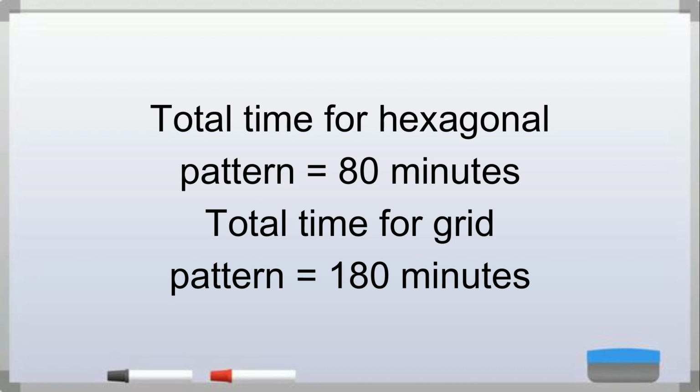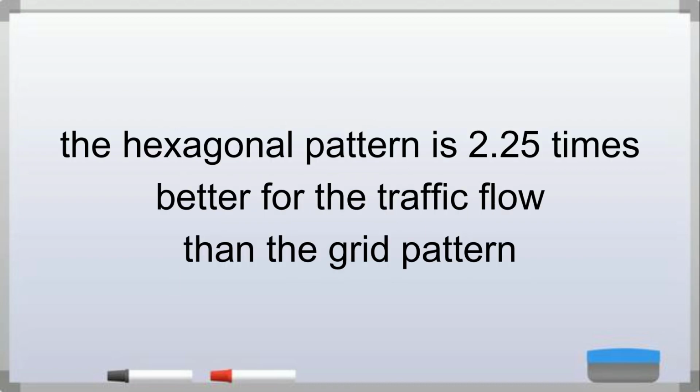Now we divide M times the maximum number in the table by the intersection capacity and add 2 minutes for each kilometer we need to drive, and get 80 minutes in the hexagonal pattern and 180 minutes in the grid pattern. After dividing them by each other, we find that the hexagonal pattern is 2.25 times better for traffic flow than the grid pattern.